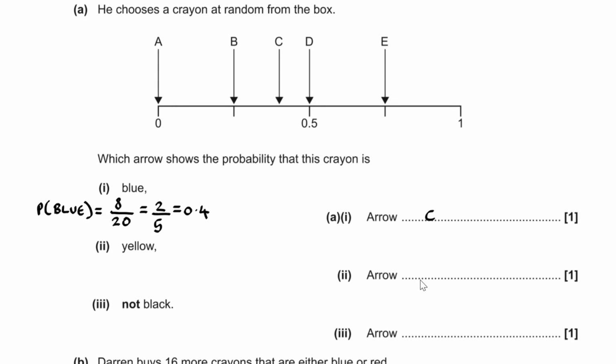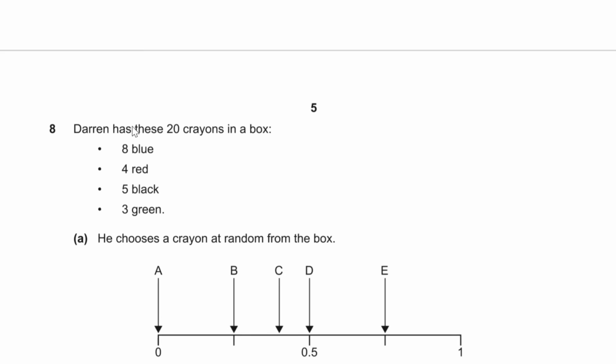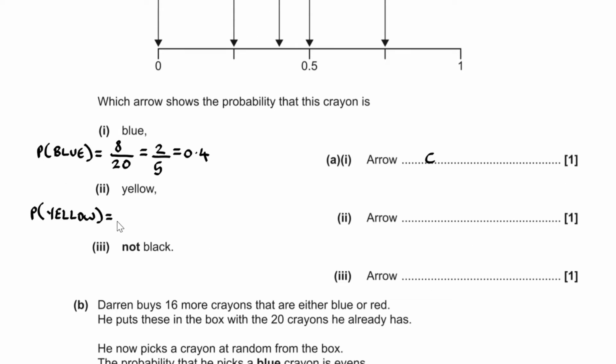And now to find out the probability that we have a yellow, well, there's 0 yellow crayons here, so that is impossible.